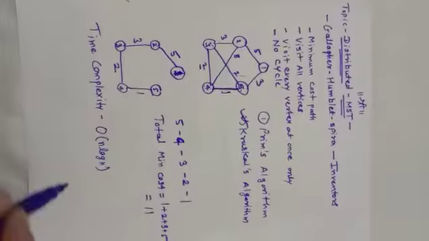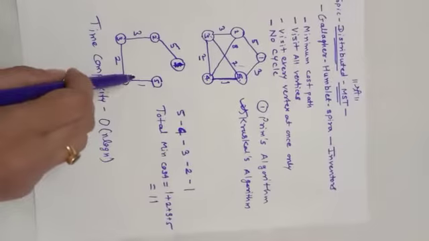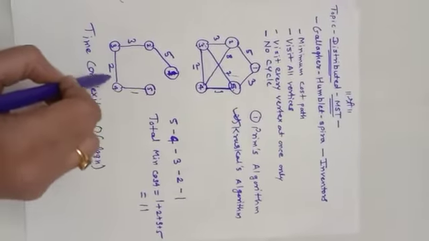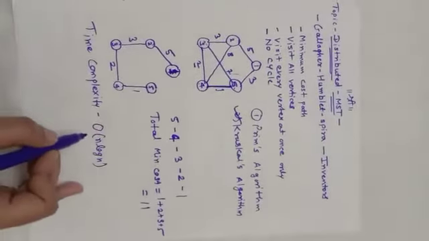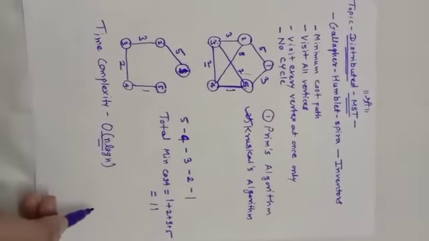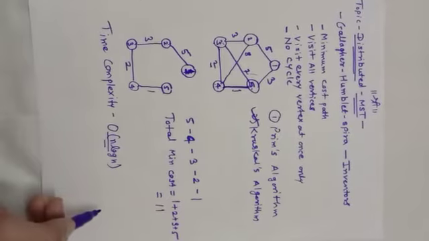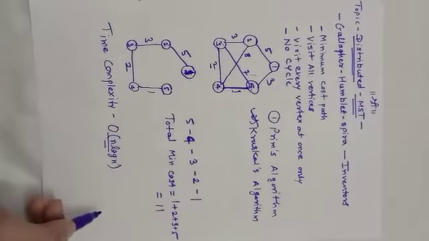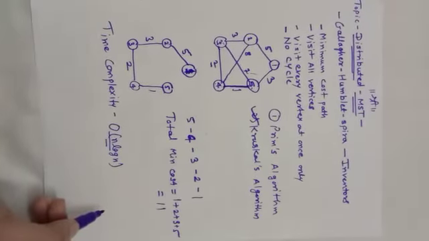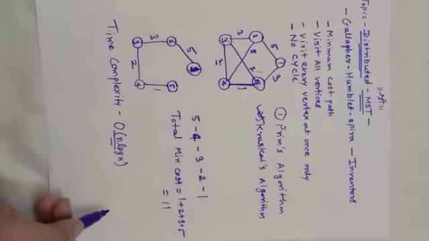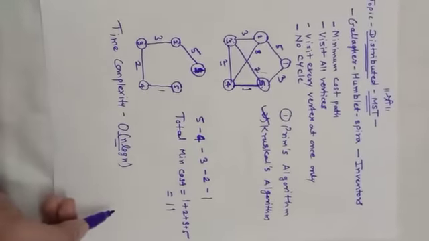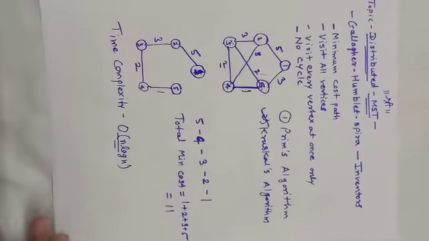It is repeated for n number of vertices, because all the vertices are added, so it becomes Big O of n log n. So this is the distributed MST logic, how the algorithm actually works, how you find the output of this algorithm, and what the time complexity is. Thank you all, thanks a lot.